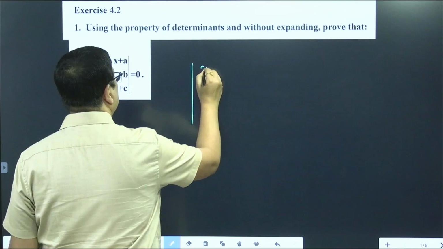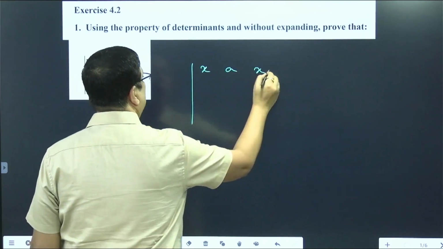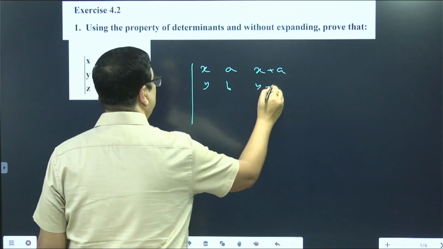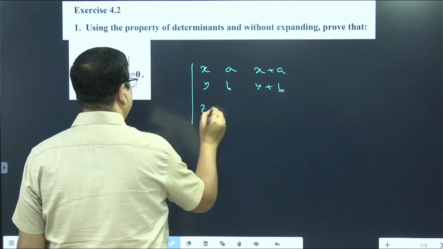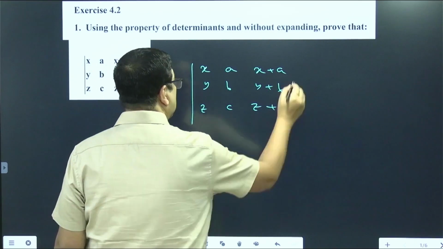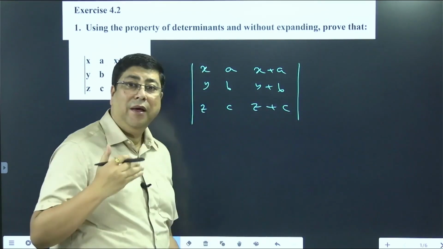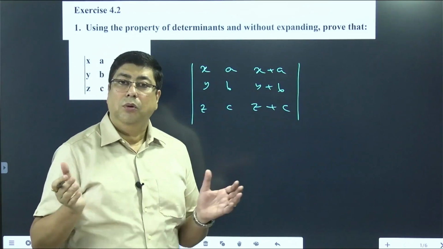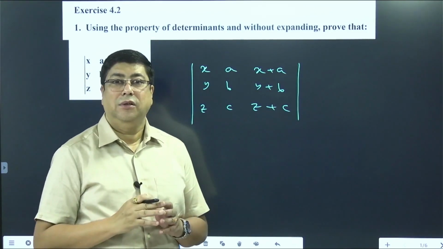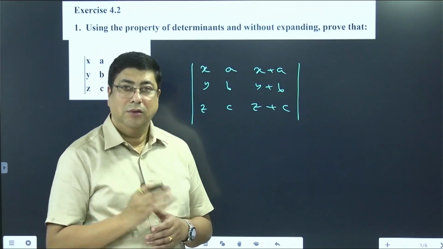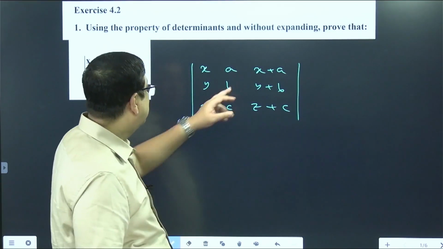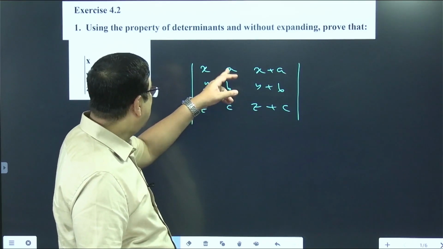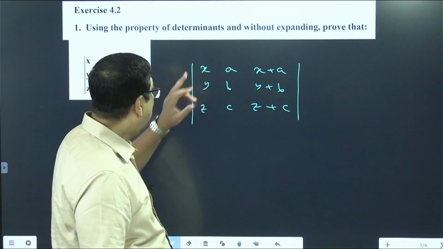The determinant is x, a, x plus a; y, b, y plus b; z, c, z plus c. Whenever you see any sum like this, you can guess what to do if you have the proper preparation. In this case, column 3 is x plus a, column 2 first element a, column 1 first element x.